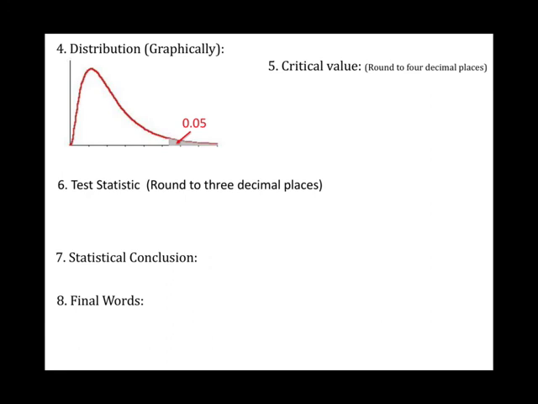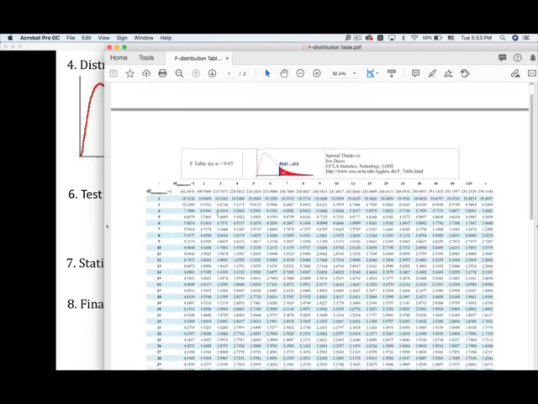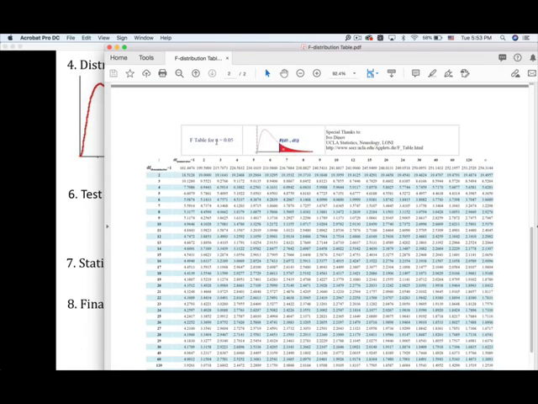Now, figure out the critical value. Write down the degree of freedom of numerator and the degree of freedom of denominator. Okay, look at the F distribution. You do have two pages. The first page here is the F table for significance level 0.025. Second page is significance level equal to 0.05.